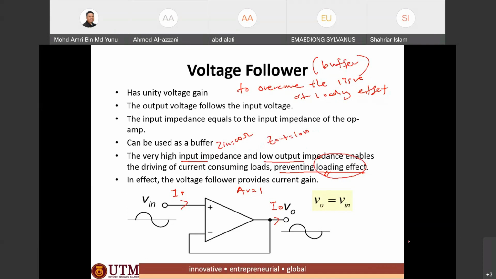To avoid this loading effect, we use this voltage follower, where the output current here will not be provided by the op-amp, and the output I out will not consume from the main input, so that the output will always follow, or be the same as, the input. So this is the purpose of the voltage follower.